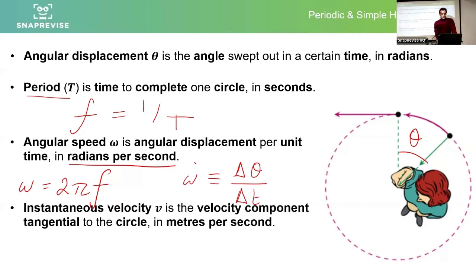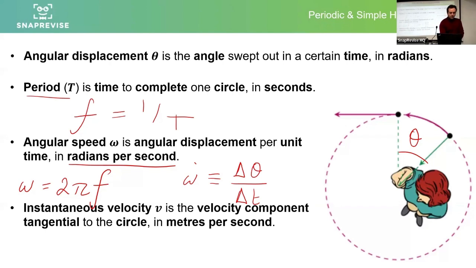Instantaneous velocity, v, is the velocity component tangential to the circle in meters per second. Yep. Okay. So far I've been talking about linear motion and angular motion almost separately. So how can we link them? This is why radians come in useful. If I turn 1 radian per second, we defined radians as the angle such that the arc length is equal to the radius.